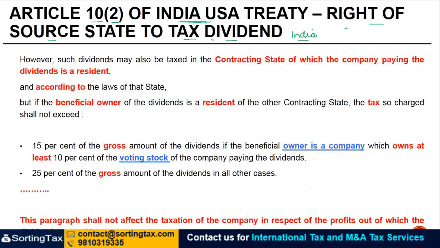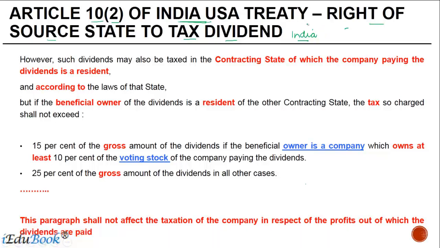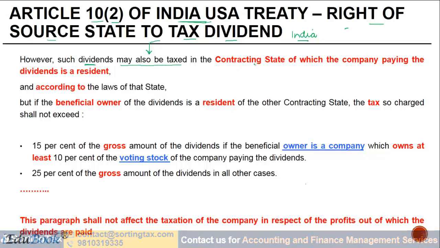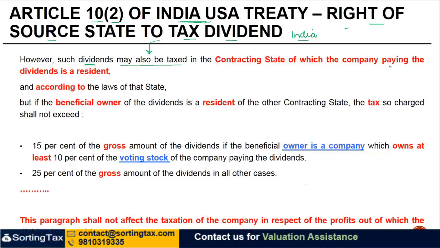Now, if you remember, Article 10, Paragraph 1 said that the dividend which arises may be taxed in the state of residence, which means that the state of residence has a right to tax that dividend. But what about the state of source?